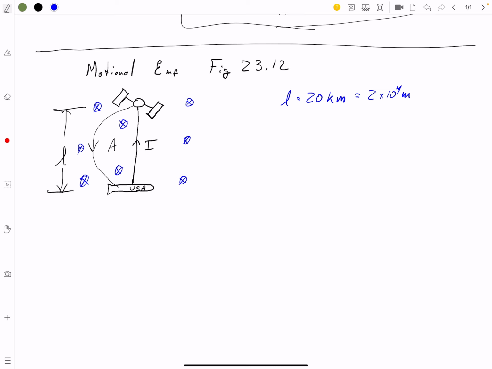Our velocity is huge, 7.80 kilometers per second, so let's write that out as 7,800 meters per second. And then, of course, the magnetic field of the Earth, let's just call it BE, is given as 5.0 times 10 to the minus 5 Teslas.